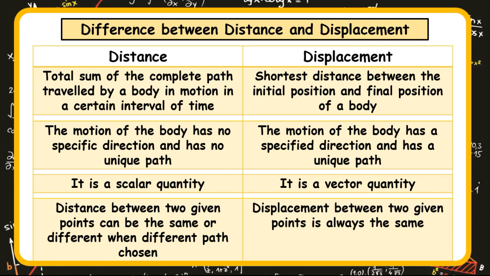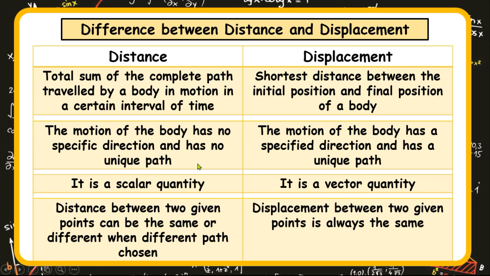Meaning, the path taken must all be summed up in order to get the total distance traveled. Whereas, for displacement, it is just the shortest distance, that separation between the initial position and the final position of a body, without looking at the various routes that the person has to go through.